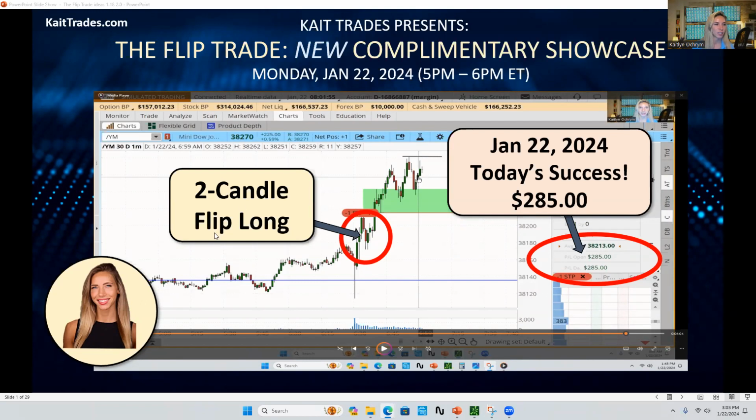Just wanted to show you a screenshot from today's live trading session for those of you who weren't there, a great trade that we took on the Dow contract. Markets have been moving up, and we want to take advantage of those long running moves. It's important to know exactly what to look for in order to splice into some of these market moving trades.